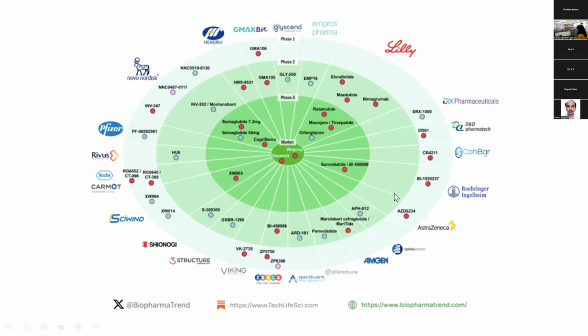While we were discussing obesity, this is just the pipeline, drugs that are in the pipeline for obesity. This is the reason why living systematic reviews and network meta-analysis are so important, because right now we have semaglutide, tirzepatide, orforglipron, retatrutide, all these things that we know about, and these are just the drugs that are in phase 3 or in the market.